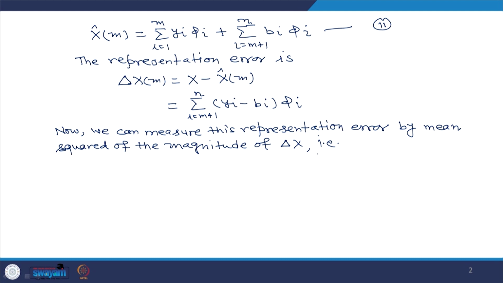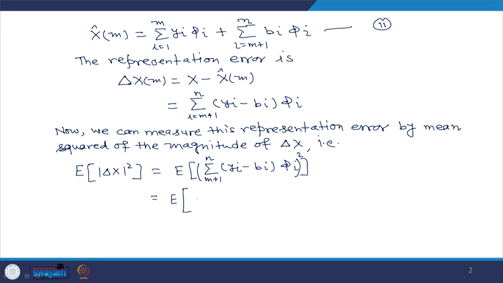I am defining this error as E of the magnitude of delta x squared, that is the mean square of the magnitude, and this will become E of the summation from m+1 to n over i of (y_i minus b_i) phi_i, squared.